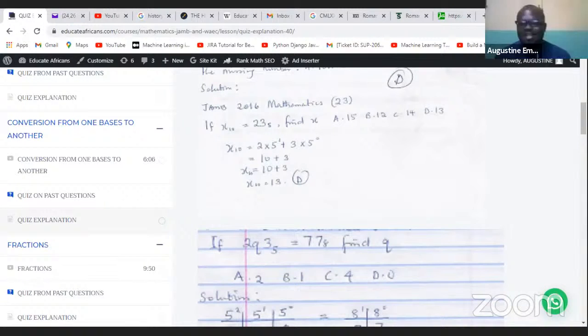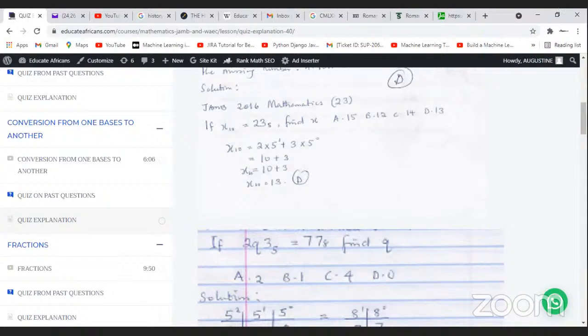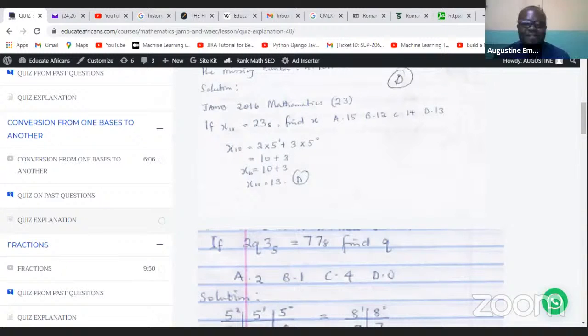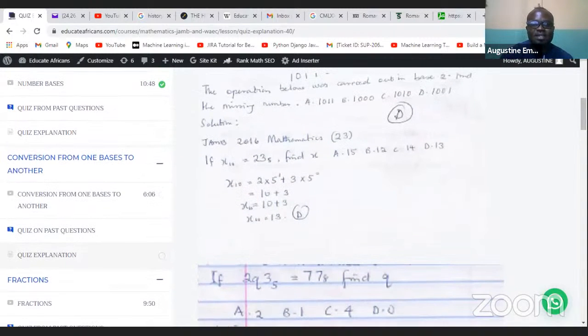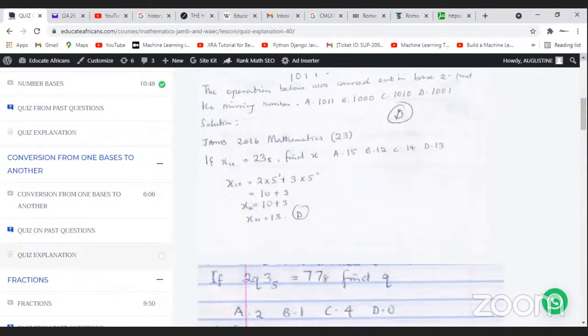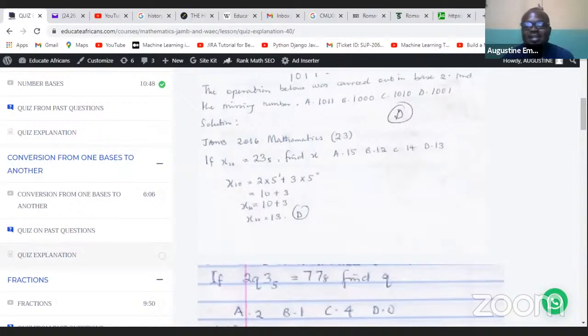Sometimes when I look at your assignment, I don't just look at you getting the answer, but the way you present it in a very elaborate, explicit way. Once I find that, I'll use it as my WhatsApp status. So anytime you see your work as my WhatsApp status, know simply that it's because yours was done well and well presented.